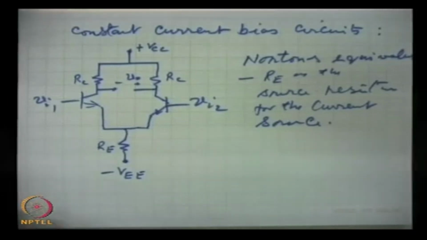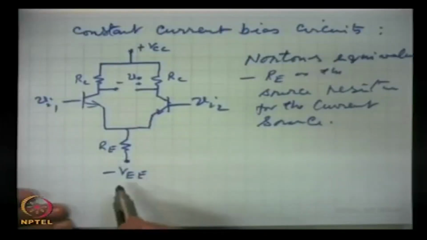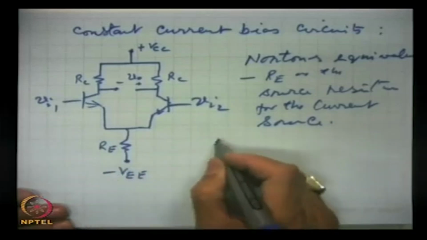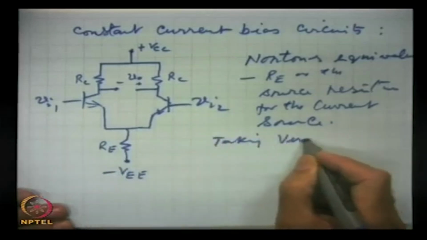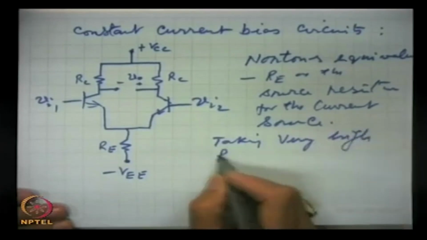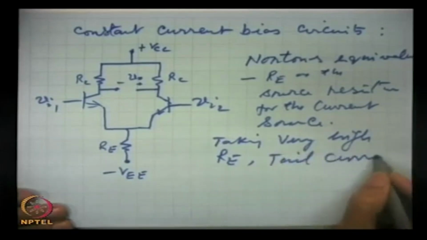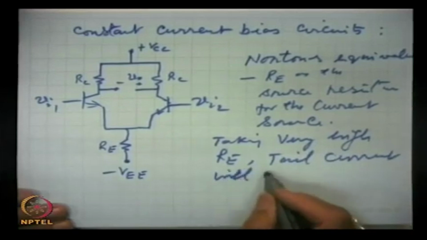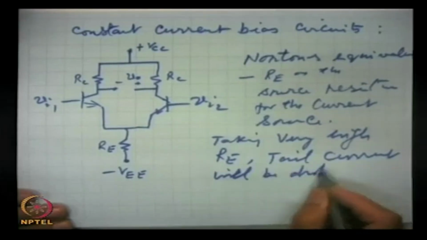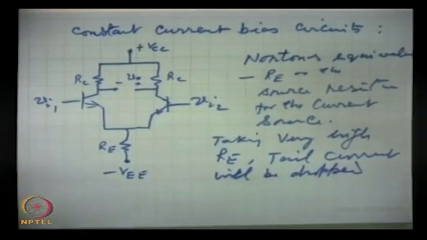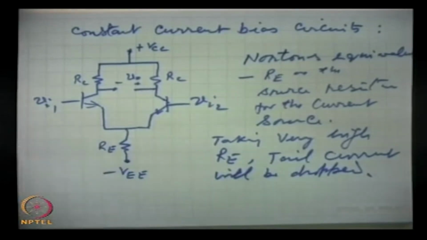But in this case, Re cannot be very high, because if Re is very high, that will reduce the tail current. Taking a very high value of Re, the tail current will drop drastically. So, we can't use a very high value of Re. But a good constant current source should have a higher resistance.